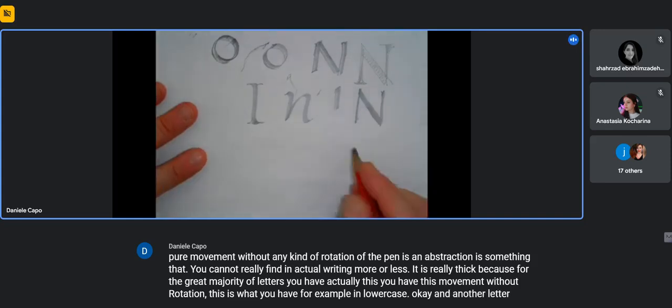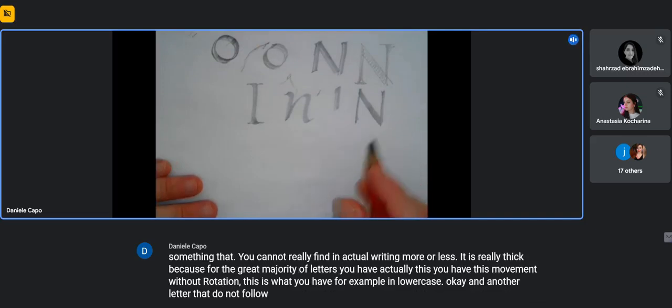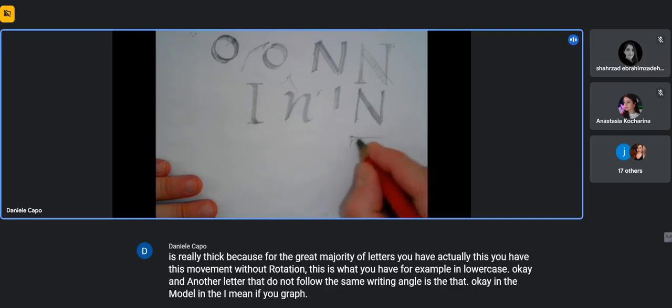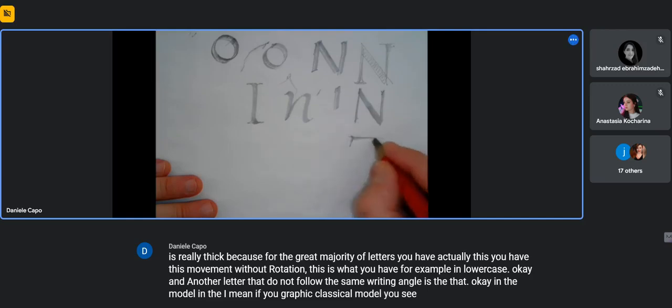Another letter that does not follow the same writing angle is the Z. In the epigraphic classical model, you see that Z is made like this.